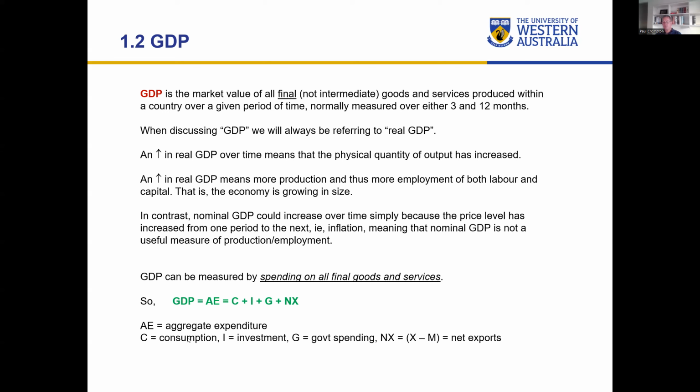So your purchase of that $500 pair of shoes will increase consumption spending by $500. It'll increase this variable M by $500. But because M is subtracted, those two entries will cancel each other out. And so the purchase of the $500 pair of shoes won't be included in Australian GDP.